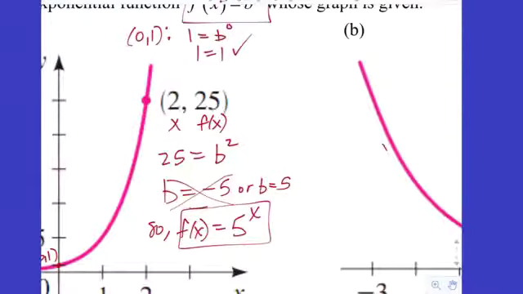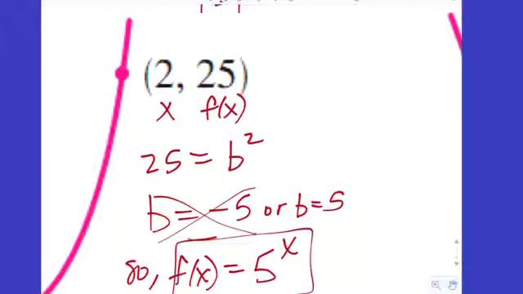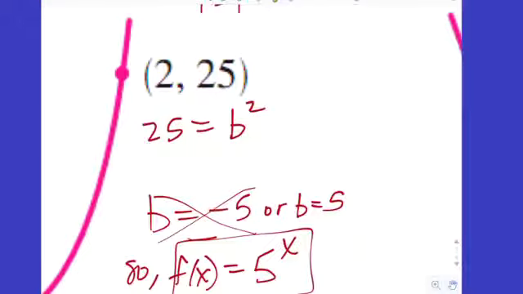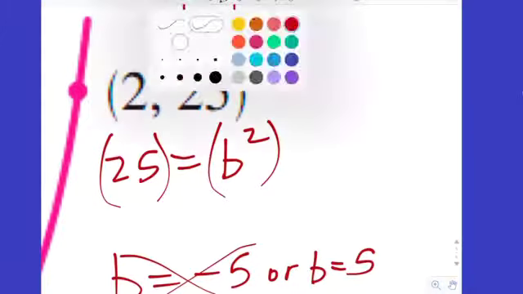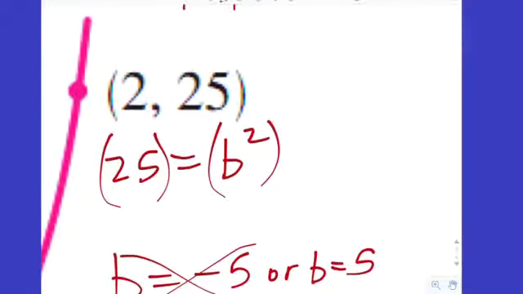Now let me show you another way that we can go about solving this. Taking the square root of both sides certainly works. But the way that you solve polynomial equations is by raising both sides to the reciprocal power. What's the reciprocal of 2? 1/2. And that's the same as taking the square root of both sides.